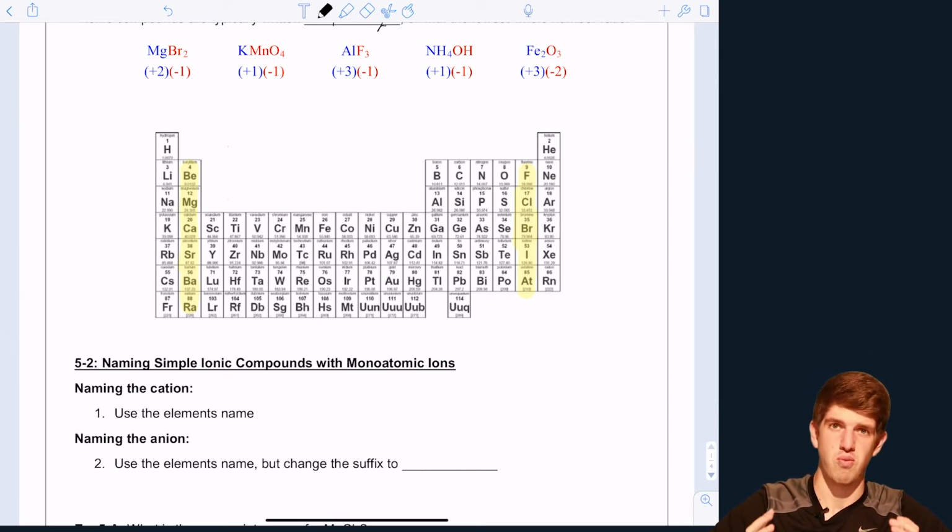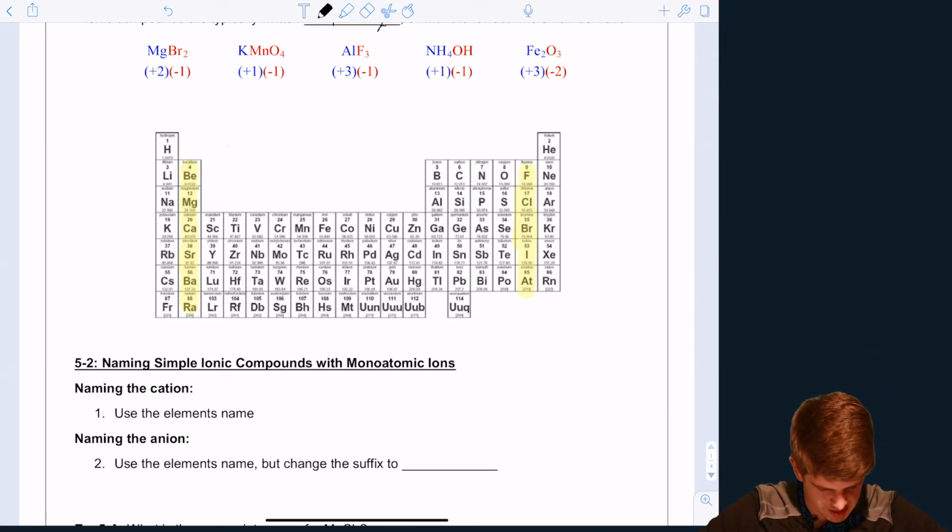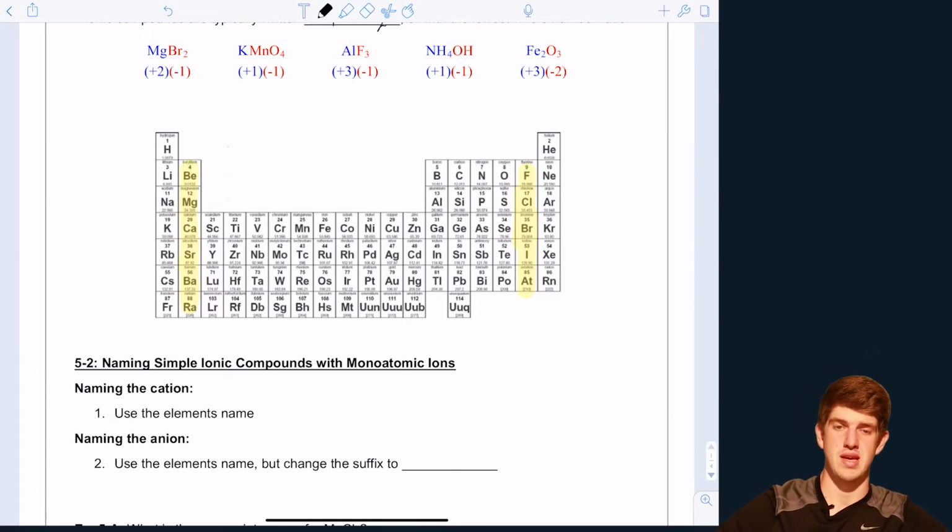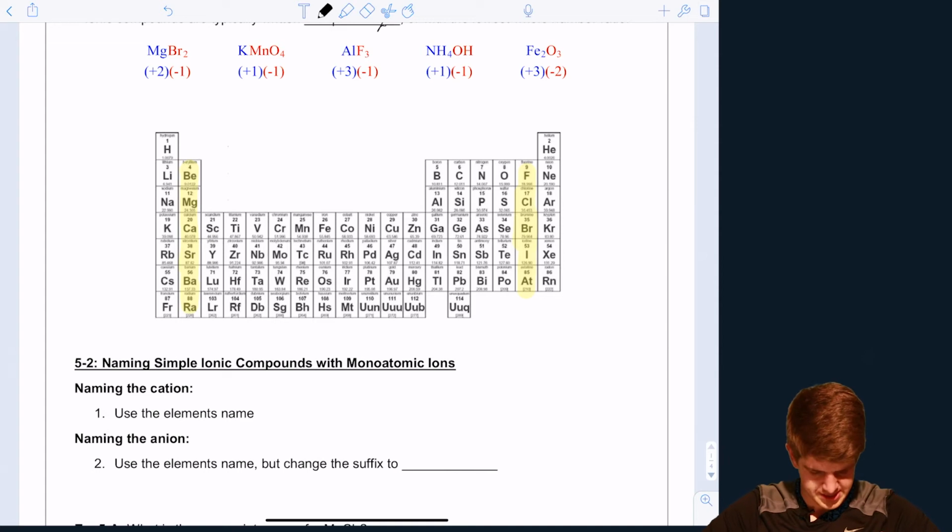It's just going to be one cation element bound to one anion element, or to whatever the charges balance out to be. So naming the cation, we just simply use the element's name. So for magnesium bromide, the cation's magnesium, we call it magnesium. And for the anion, we don't call it magnesium bromine, we call it bromide. So we change the suffix to ide.